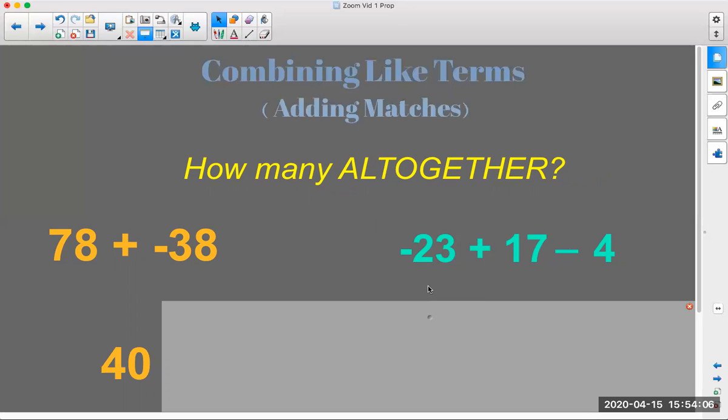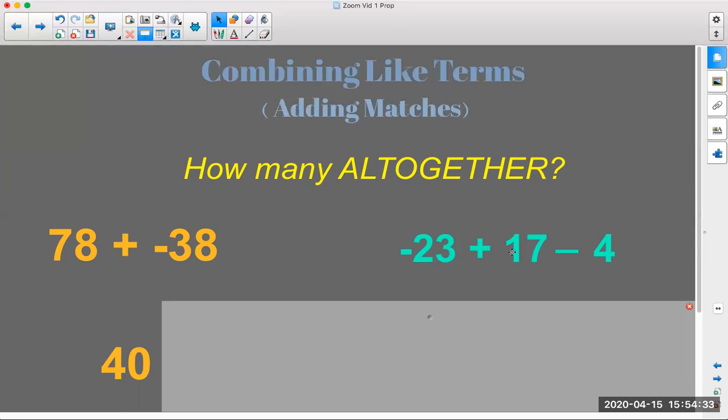So I think I will start with the first 2, negative 23 plus 17. That's like, I owe you $23, but I don't have it all right now. I have 17 that I can give you. So I'll give you what I have. So this requires that we subtract. Since the signs are different, we want to subtract, kind of like we did for the orange question.